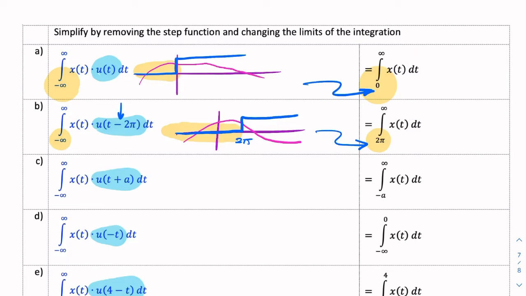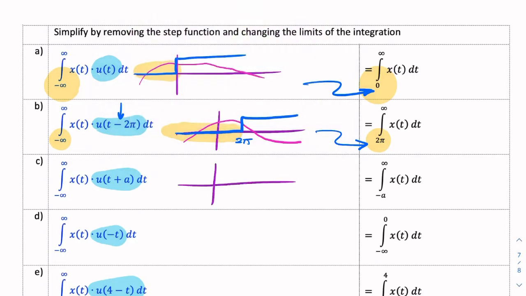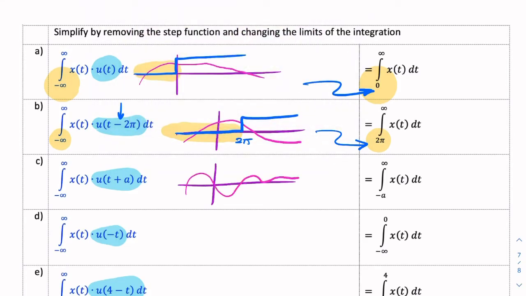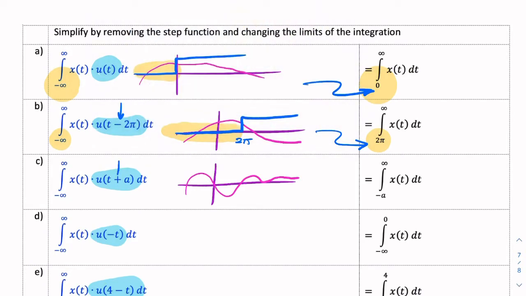Okay, for the next question, it's exactly the same, but this time, again I'm going to draw some arbitrary signal, and then we have a unit step that starts at t equals minus a. So you say t plus a equals 0, t equals minus a.